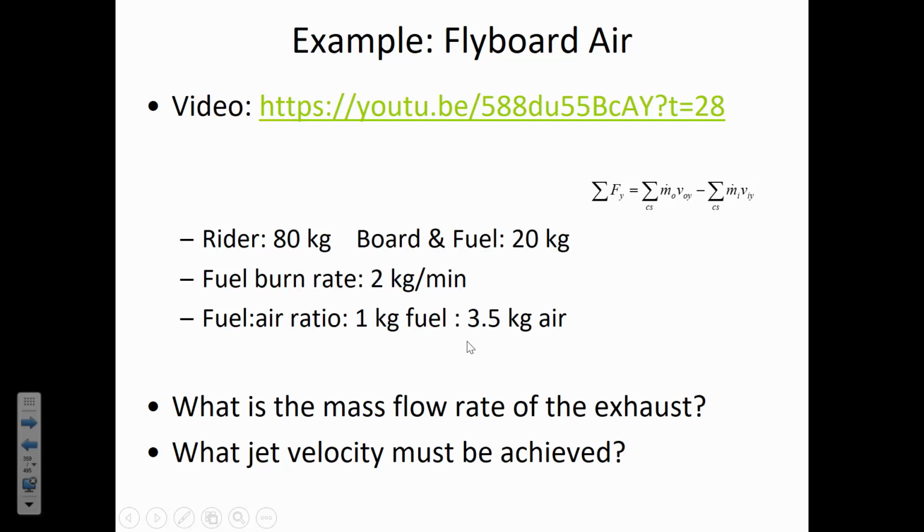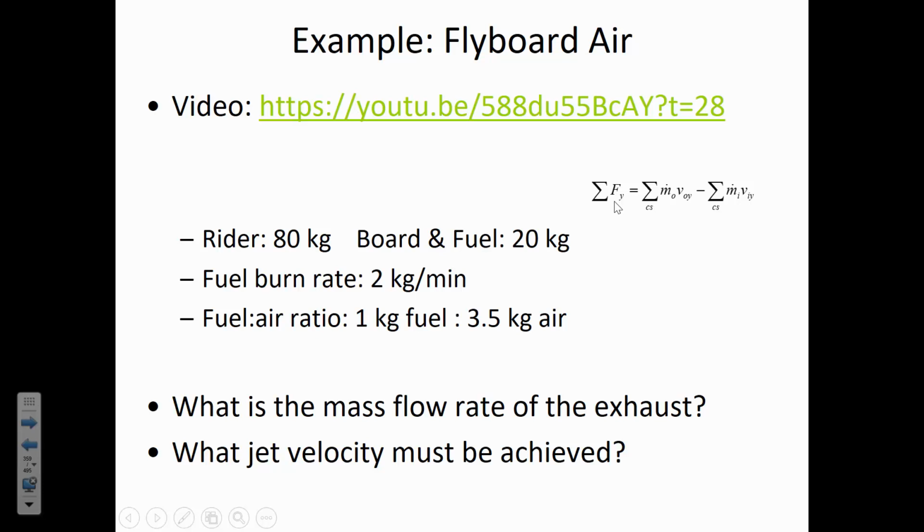So what I'd like you to do here is, we know the force that has to be supported because the mass is known. You can calculate the F sub y. We don't have any flow in. There's just a flow out through the control surfaces.